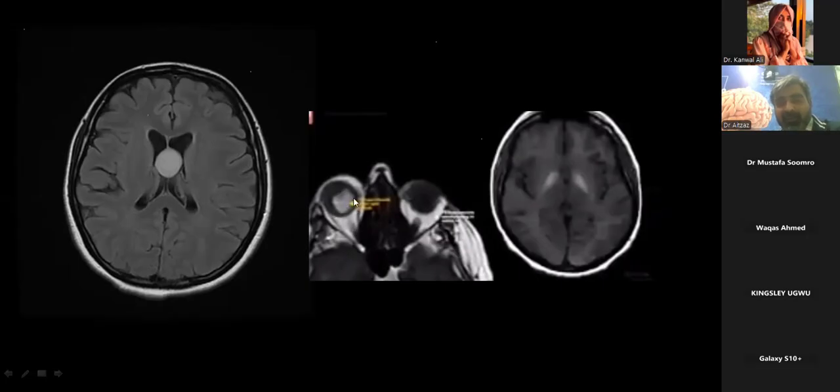What pathology is this? Anyone? Fahr syndrome, Fahr disease, yes. Bilateral basal ganglia calcifications. It's a calcification. Probably symmetrical bilateral basal ganglia calcification. Anything else?